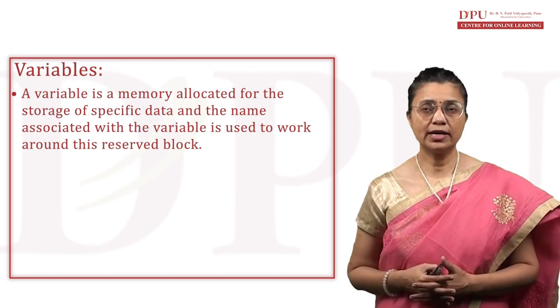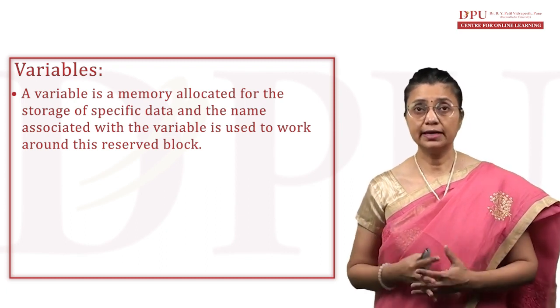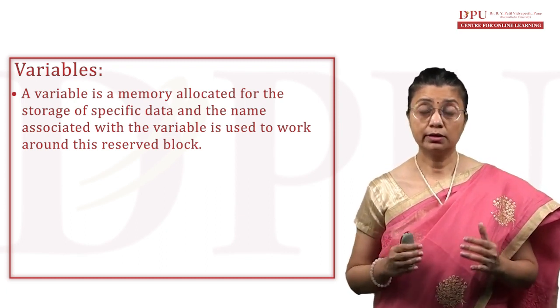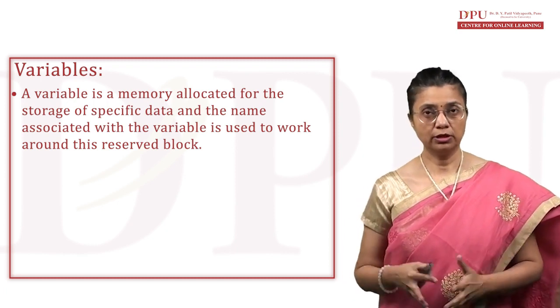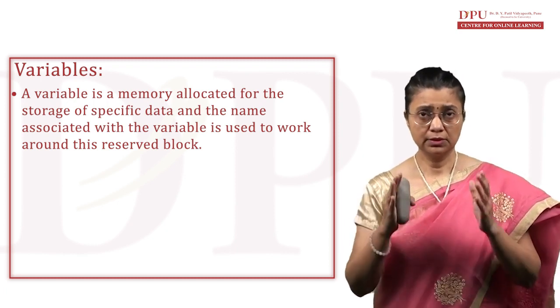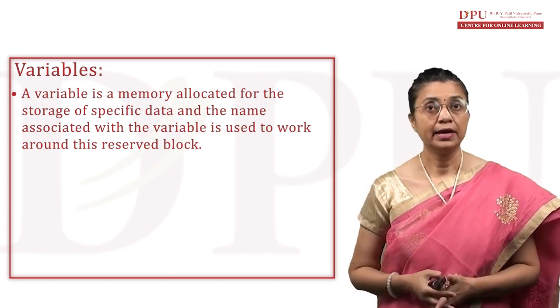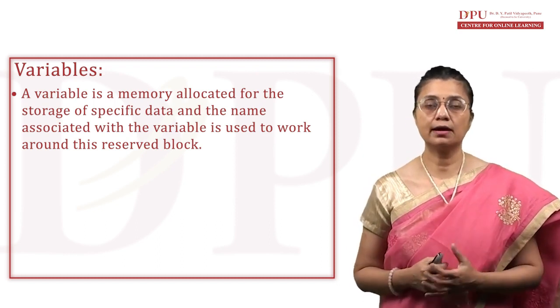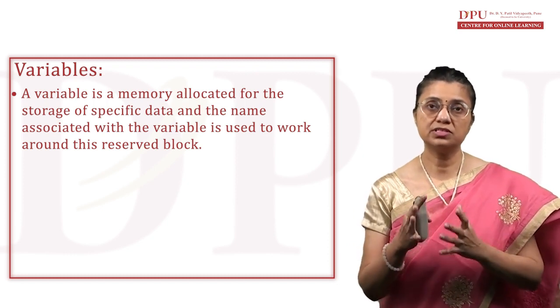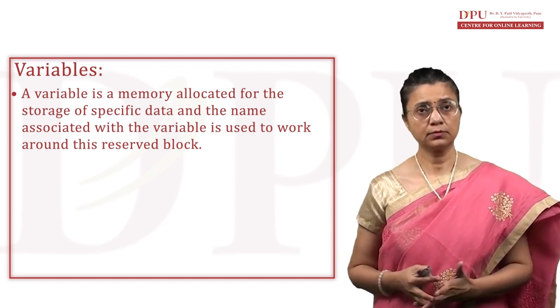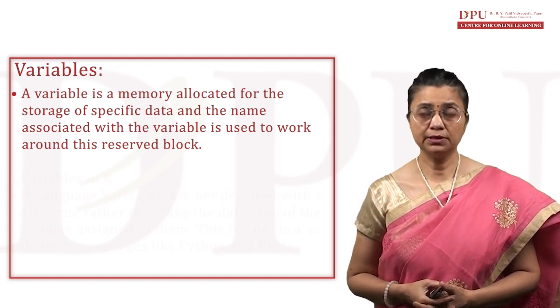Now, where is that value holder? That value holder is in memory. So a memory location is a reserved block, and that location is associated with a name, and that name is used in R to store different values. So that is the concept of a variable.